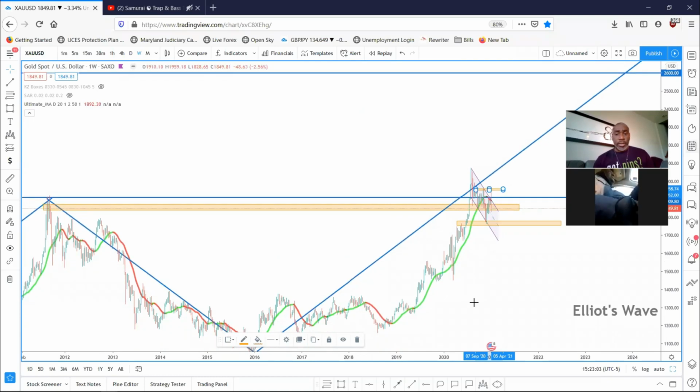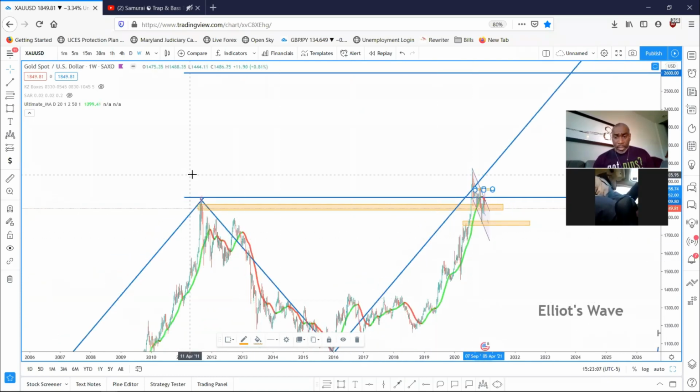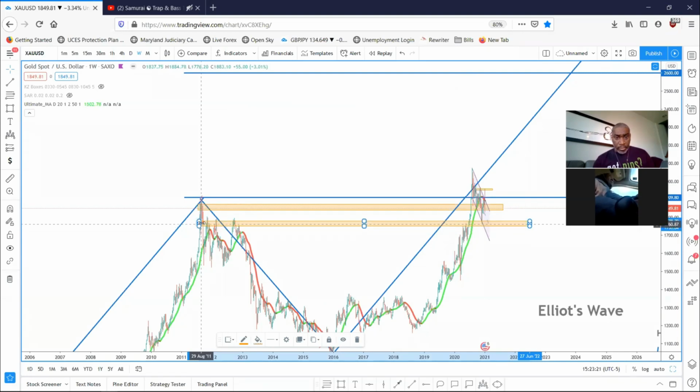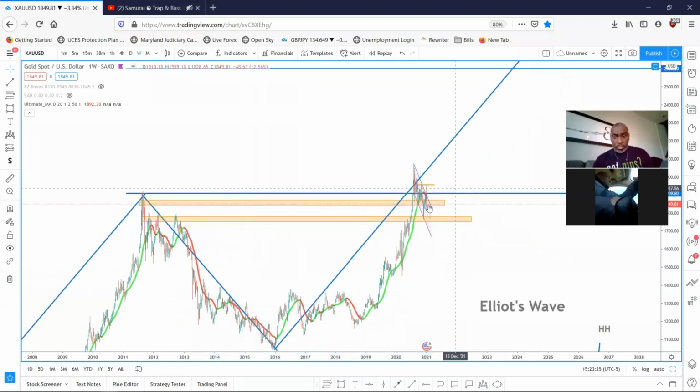So this is one that we're definitely going to keep monitoring. This zone here is probably where she's heading to before she moves all the way back up.